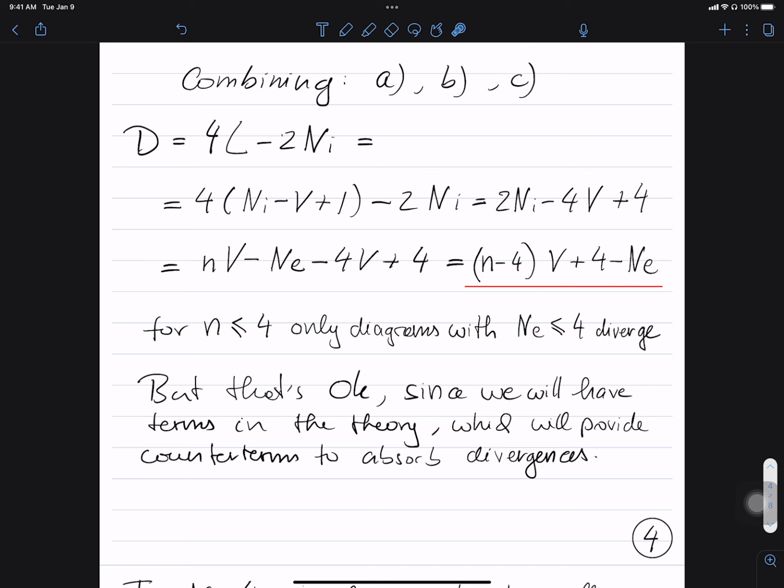And that means we always have enough counter terms. So if we have diagrams that have 4 or fewer external lines, they correspond to powers of phi that are 4 or less: phi to the 4, 3, 2, 1. So these are the only terms that are then always present in the theory.